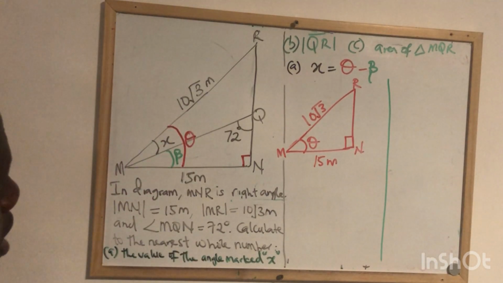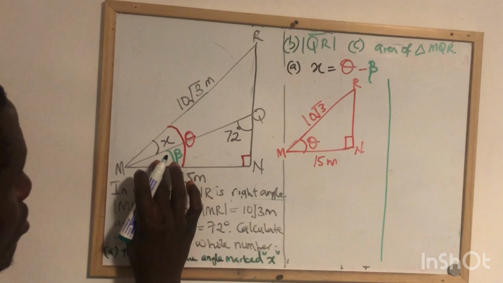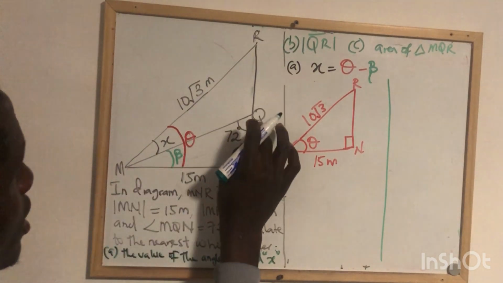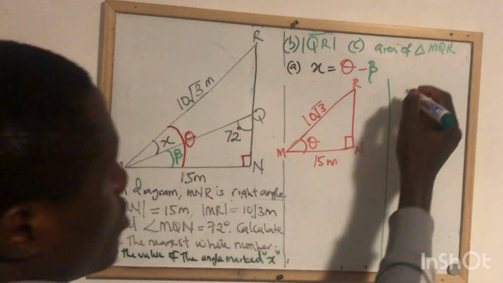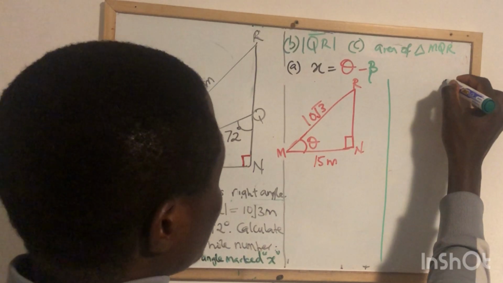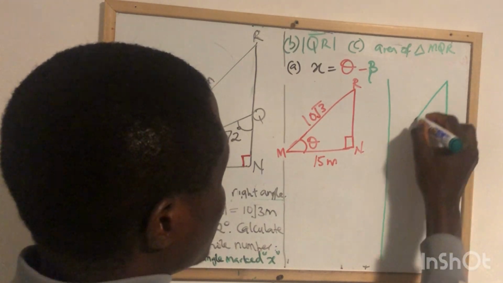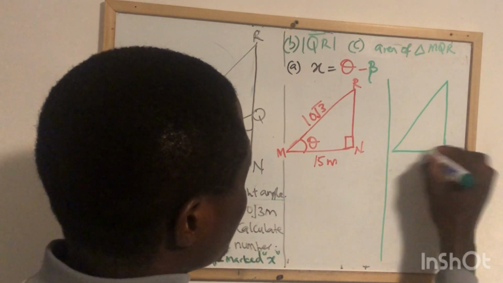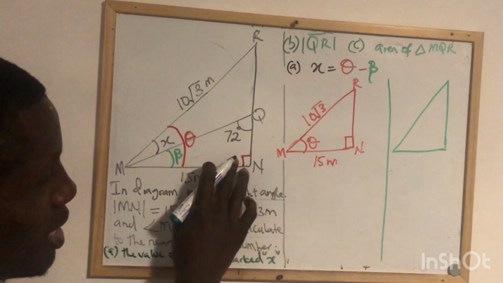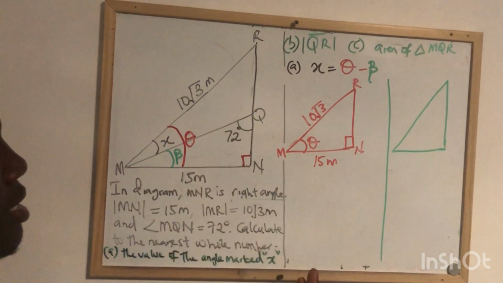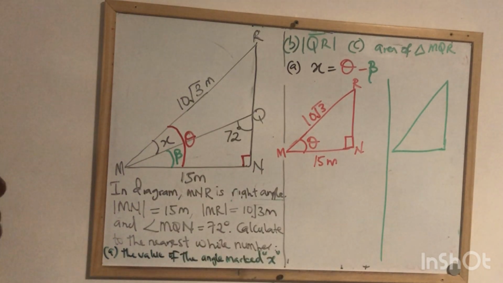To get beta, we need to consider the triangle MQN. To deal with beta, we consider a triangle and make sure that it is a right angle triangle, because if it didn't have a right angle, we cannot use what we are going to apply next.